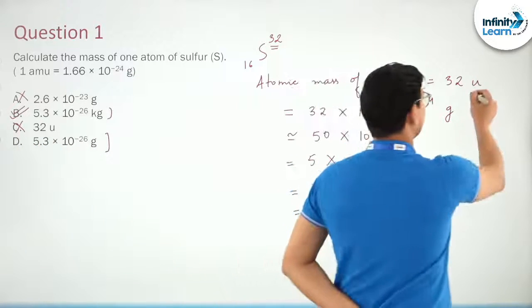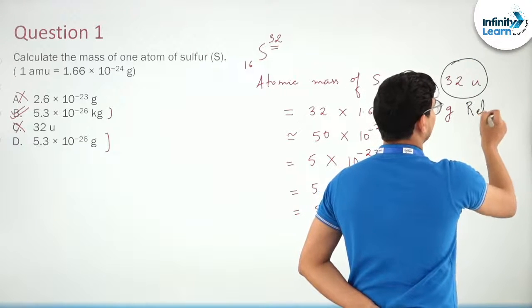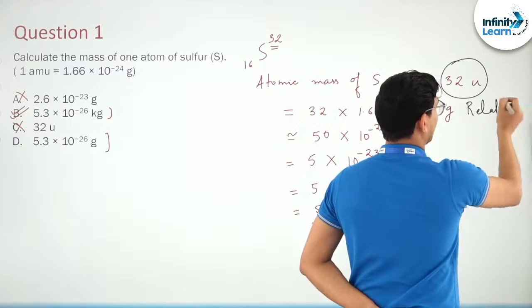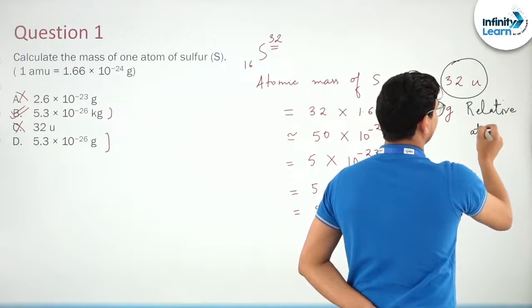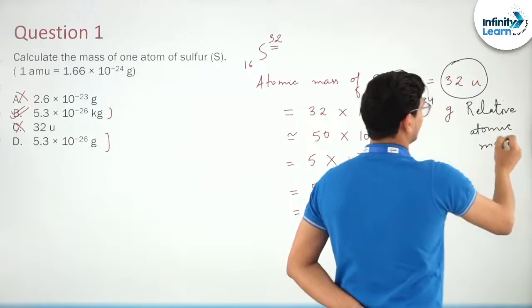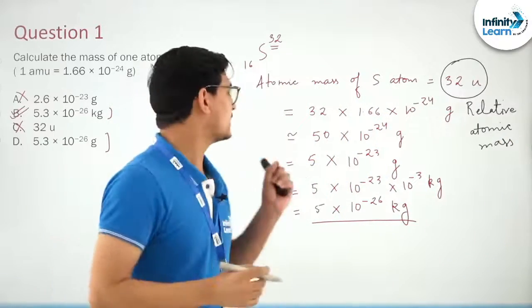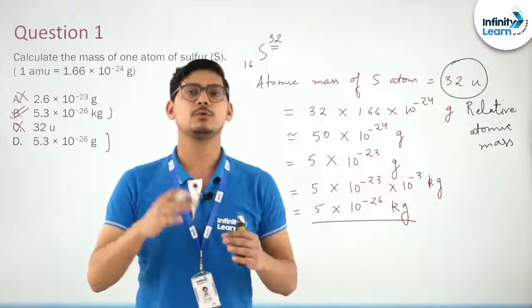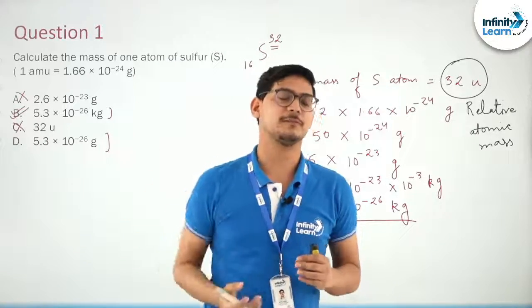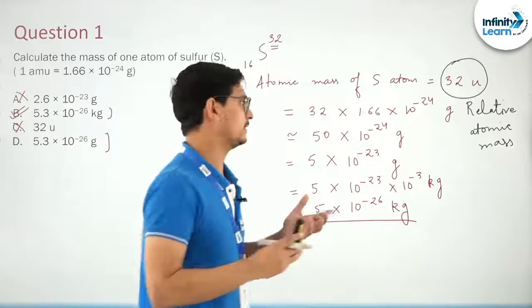When you use U, this is called the relative atomic mass because it is defined with respect to carbon 12. Right? When we say 32 U, which means that the mass of one sulfur atom is 32 times the 1/12 of the mass of carbon 12 atom. Seems pretty complicated, right? I will repeat it for you.